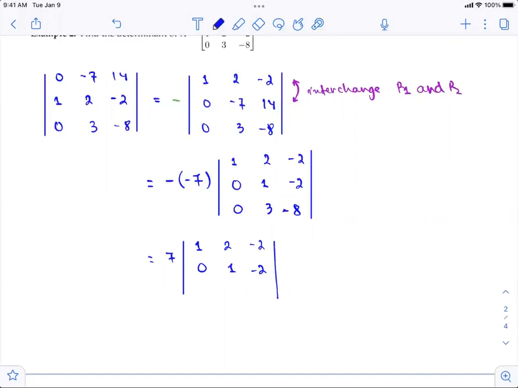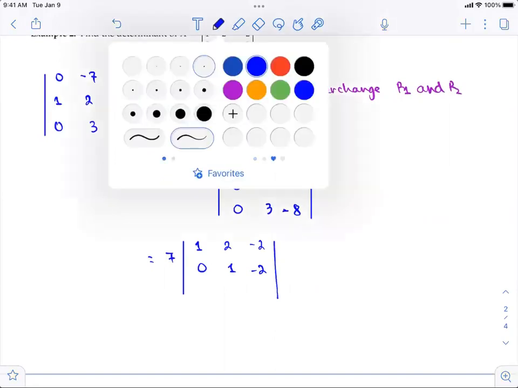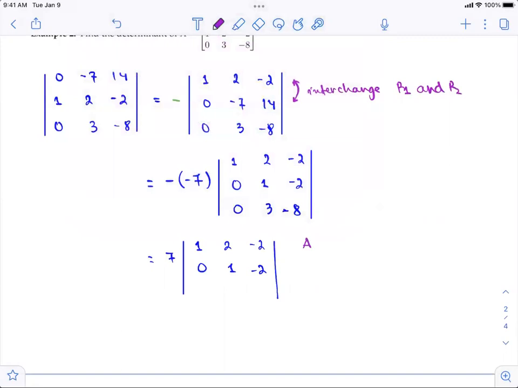So again, what we do is to add -3 times the second row to the third row to produce a new third row.